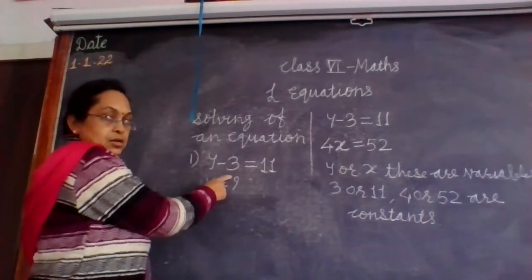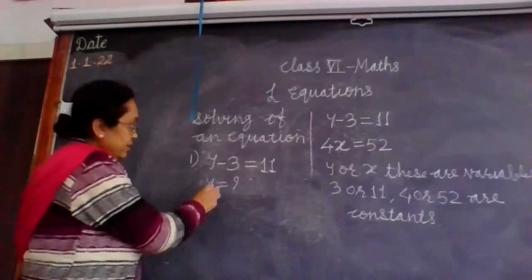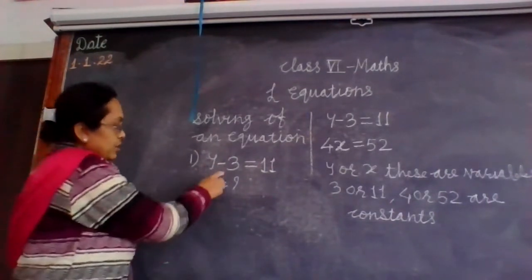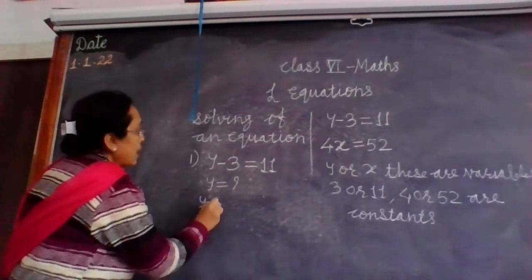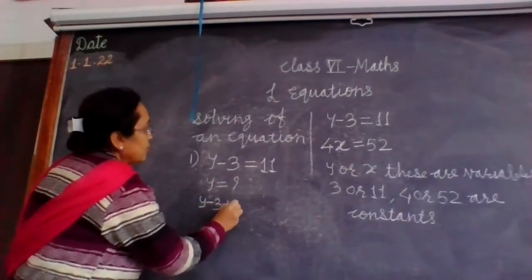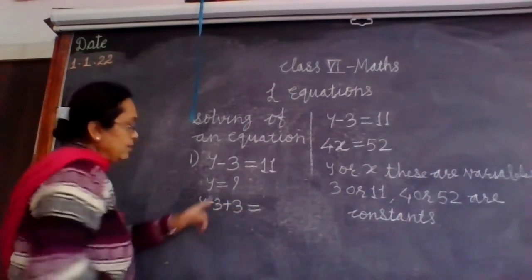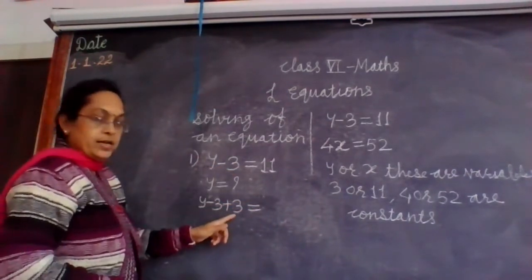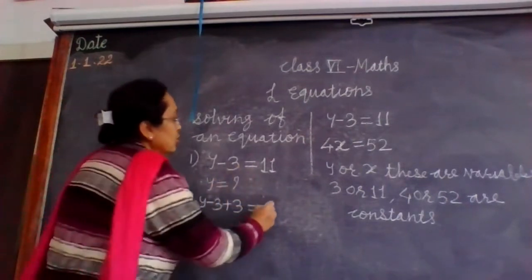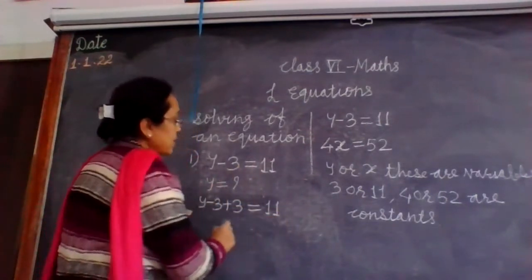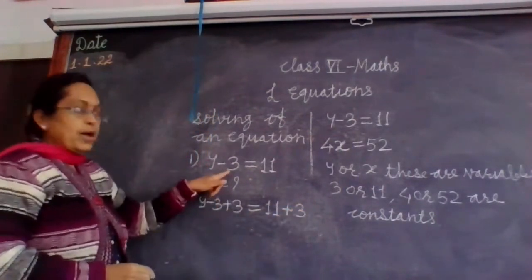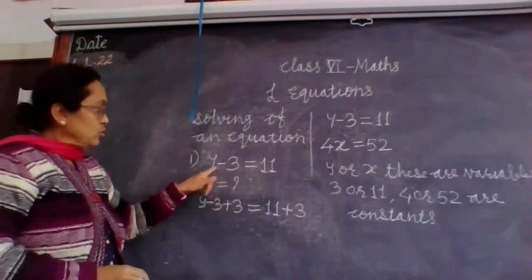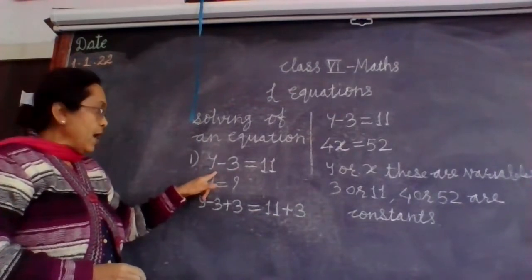What is done here with that? y minus 3. So we can cancel this 3 by adding 3, means in the left hand side, y minus 3 plus 3. When we add 3 on the left side, here also on the right side we will add 3. Why are we adding 3? We have to cancel this 3 so that we get the value of y.